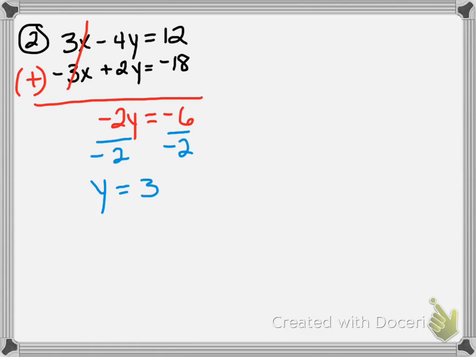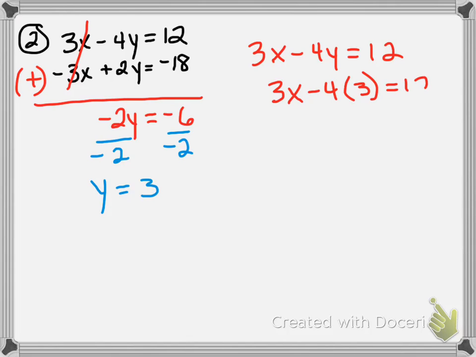Alright, so then again, we substitute back into one of the original equations. It does not matter which equation, so I'll just take the first one: 3x minus 4y equals 12. We're going to take that 3 and substitute it in, so it would be 3x minus 4 times 3 equals 12. Go ahead and multiply: 3x minus 12 equals 12.